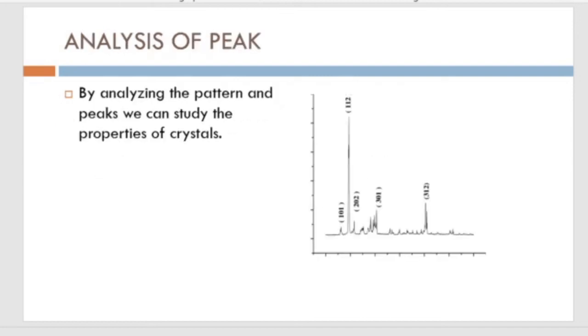Here this peak is high, and the other peaks are low compared to it. By analyzing this pattern, we can study the interplanar distance, and for each interplanar spacing we get a corresponding peak in the graph, which is plotted as intensity versus glancing angle.